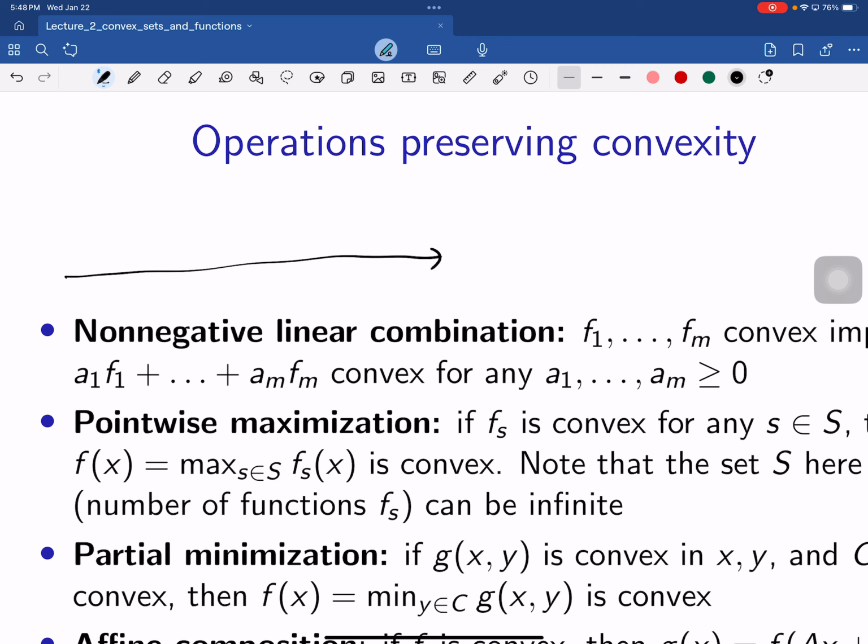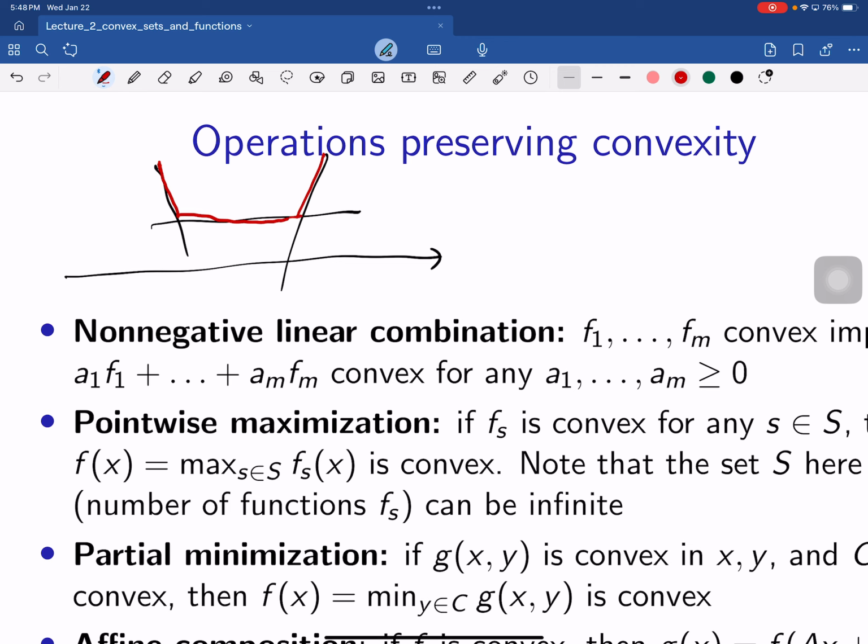So let's assume we have a bunch of linear functions. Let's say 3 linear functions here, right? Now, if you take the maximum of these 3 linear functions, okay? So now you get this particular curve here, right?